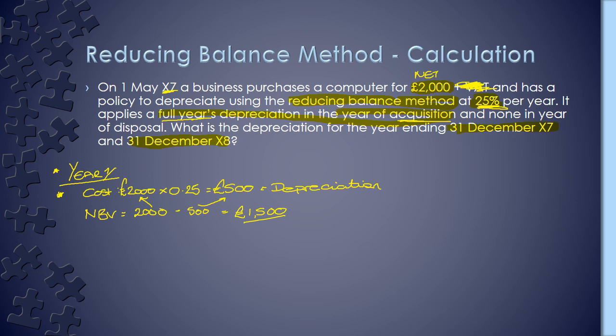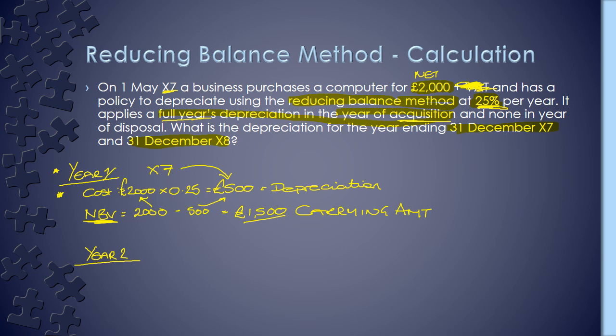So in year 1, our year of acquisition, our depreciation was £500. But this then changes in year 2. In year 2, we're not going to base it on the cost of the item. We're going to base it now on our net book value, on our carrying amount. Okay? So this is how much the asset is now valued at in the accounts.